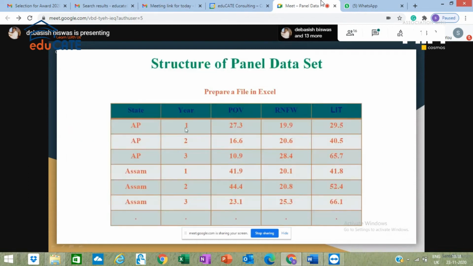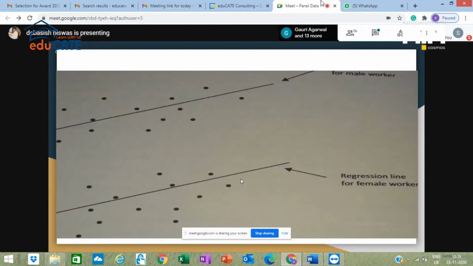In this way, you will prepare your Excel file, and after preparing it, obviously you have to give it a suitable name so that you can find it later on. In this way, you have to prepare the panel data set in Excel. This is your first task. Otherwise, you cannot use the software. Next.